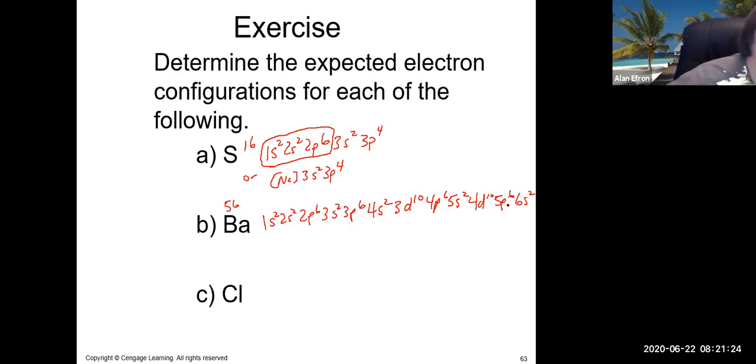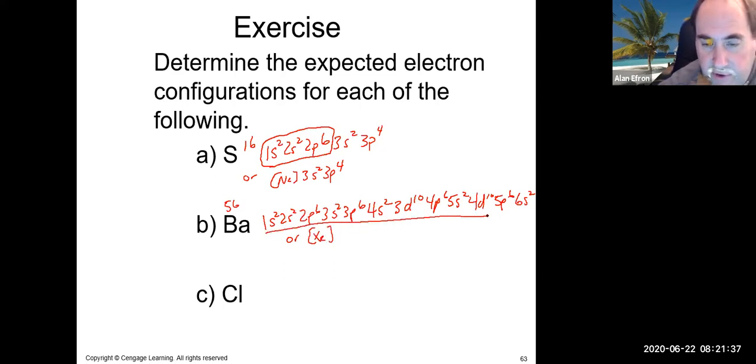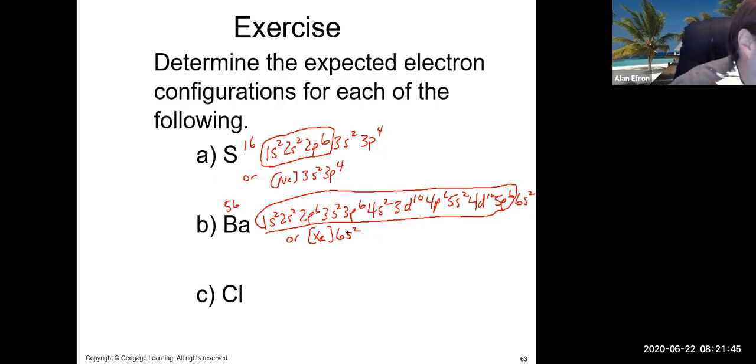Obviously you could go back to what we got before, that is xenon, right? So you could just do xenon, which takes care of all of that, and then 6s2. Any questions on that one?